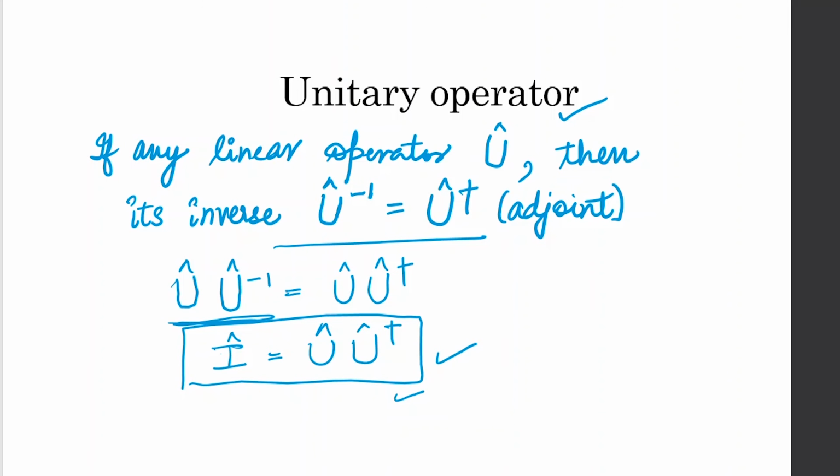Let's see an example of a unitary operator. Suppose we have the operator U equal to 1 plus iota A over 1 minus iota A. We have to check whether this operator is unitary or not, that is, whether it follows this relation.